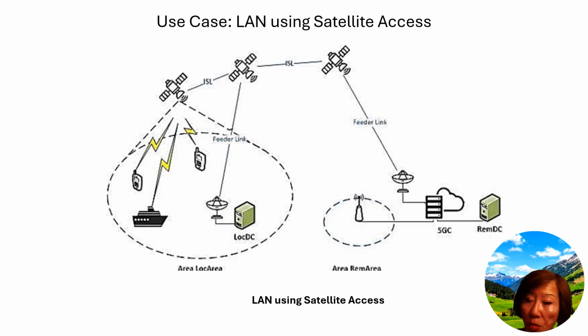As the expedition moves or when terrestrial coverage becomes available, the system can dynamically switch between satellite and terrestrial access to maintain optimal connectivity. This is the beauty of it: it can dynamically switch between satellite and terrestrial access. It's implemented that way, and it needs to be, because satellite service, after all, is still not inexpensive. Let's put it that way.